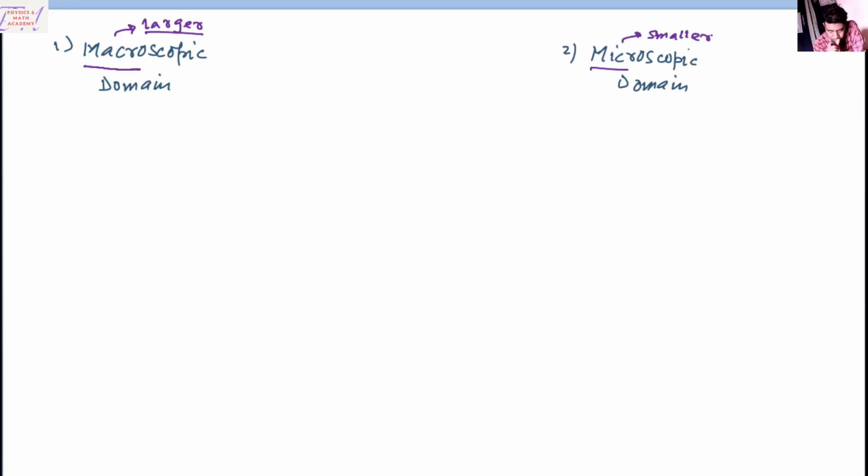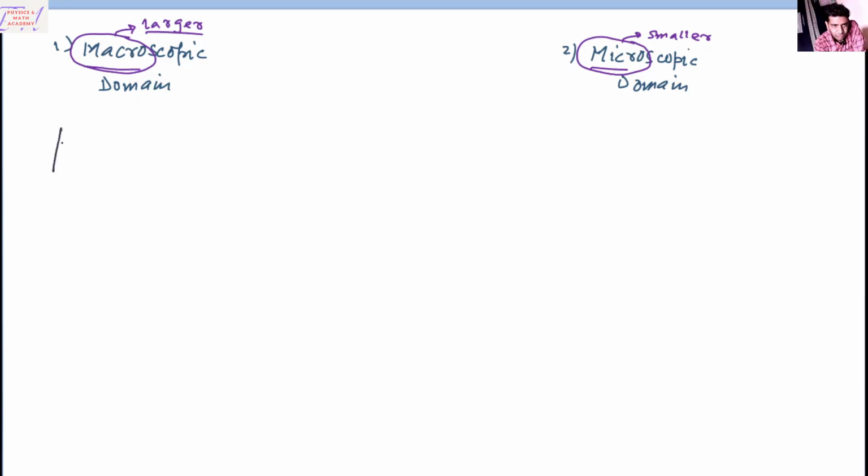Suppose you see a PDF and you zoom in, that is your microscopic domain. It's an example. And if you zoom out, you will see in a larger perspective, that is your macroscopic domain. But in physics, different things happen.